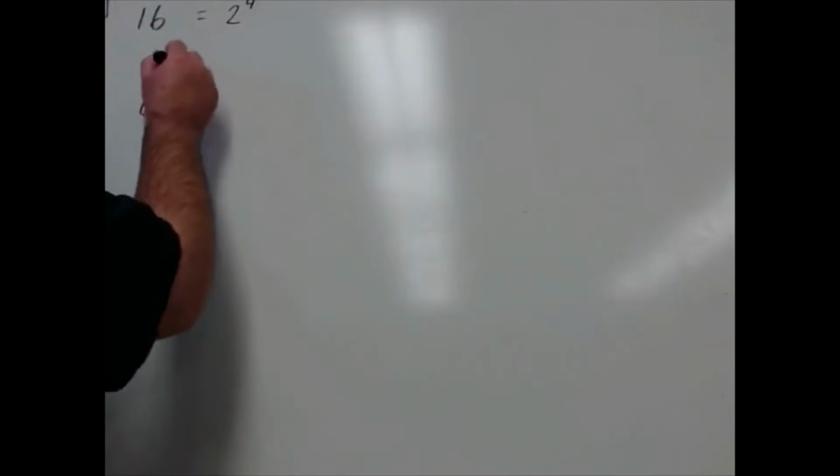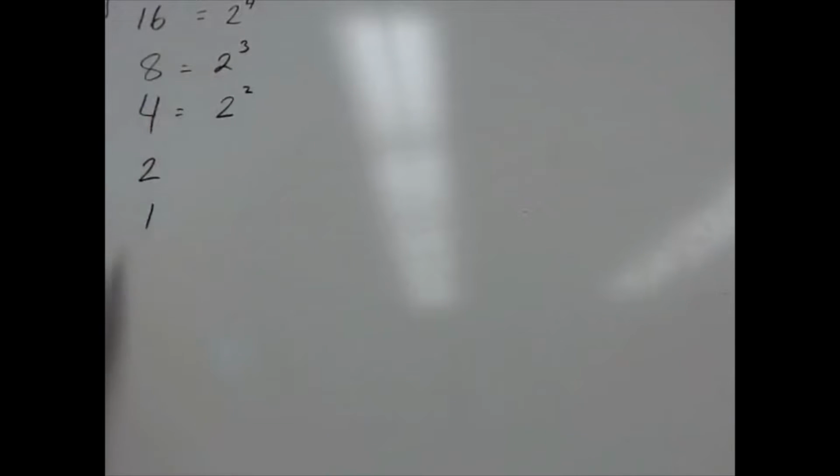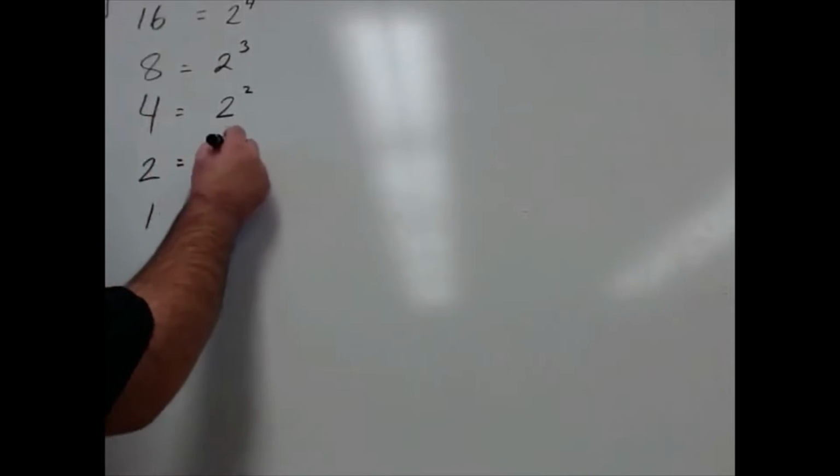Oh, that's a little bit too high that you can't see it, so I'll write it as 2 to the 4. 8 is written as 2 to the 3. 4, of course, is just 2 squared. 2 then can be written as 2 to the 1.